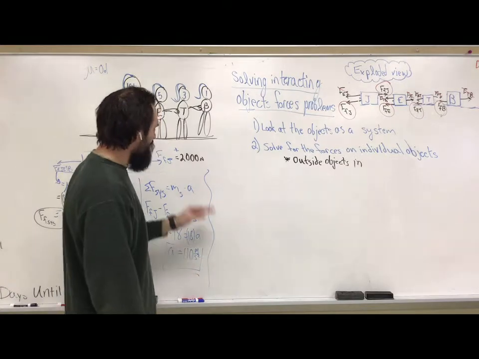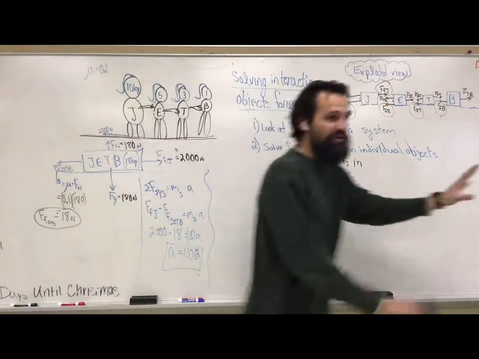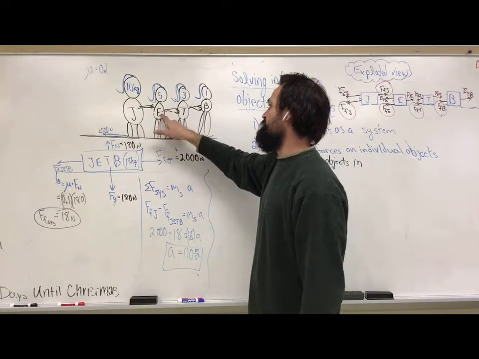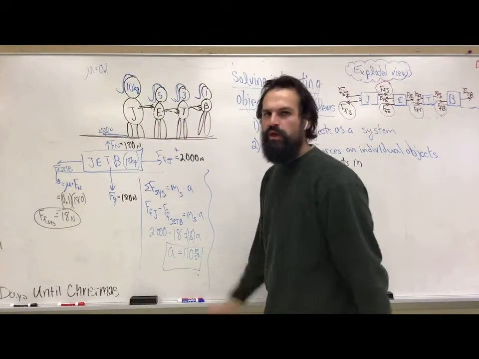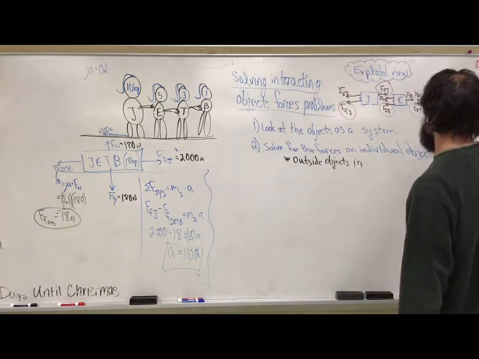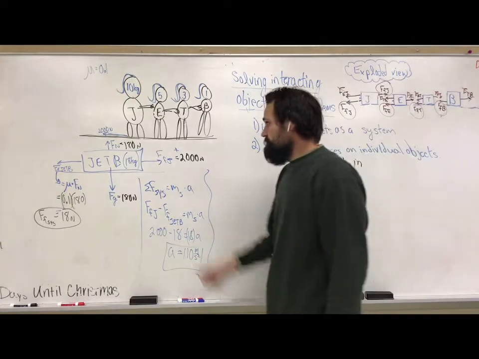Ouch. So now that we know the acceleration of the system, they're all going to accelerate together, which means we know the acceleration of Joan, we know the acceleration of Elizabeth, Trinkle, and Bera. And we need to plug that acceleration in for each of the objects, and that way we can find all unknown forces.